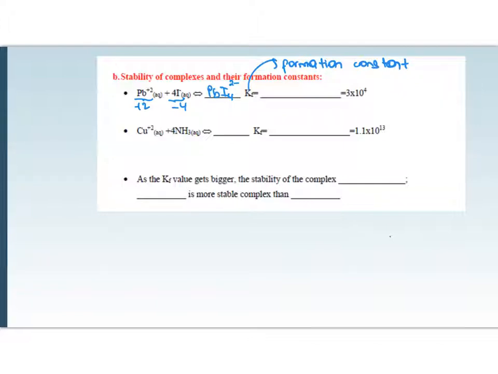And the Kf means, again, products over reactants. What about the next one? This is copper with 4 ammonia and with a charge of 2 plus. And the formation constant for it can be written as follows.